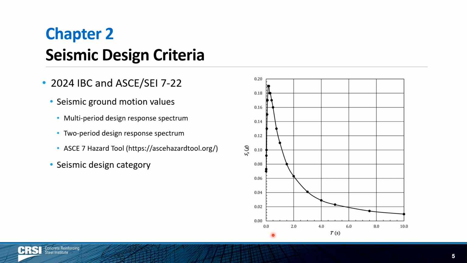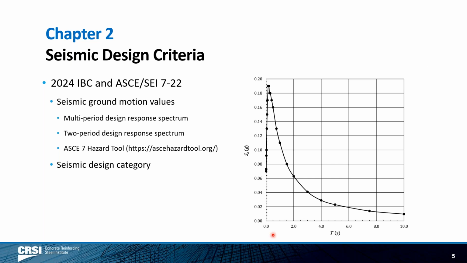So we're going to start with chapter 2, seismic design criteria. And the information in this chapter is basically what's in chapter 11 of ASCE 7-22. So the publication is based on the 2022 edition of ASCE 7 and correspondingly the 2024 edition of the IBC.